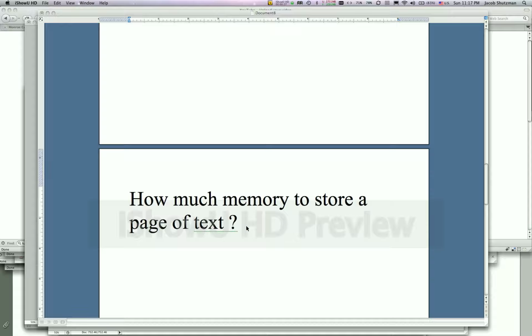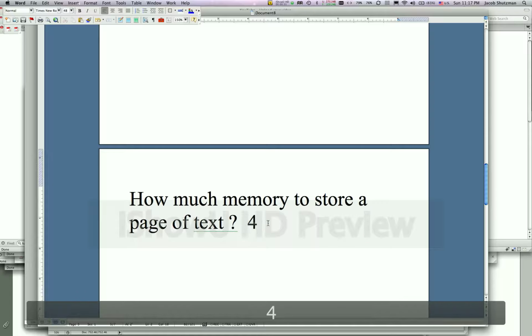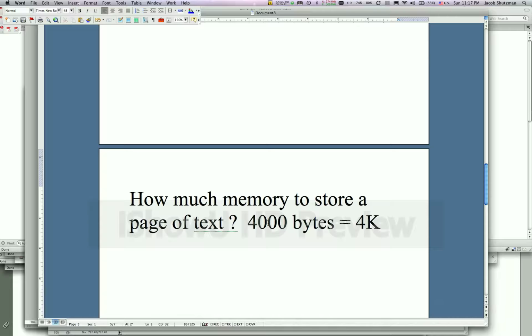So a page of text is approximately 4,000 bytes, which is equivalent to 4K. K is kilobytes, so 1K is 1,000 bytes.